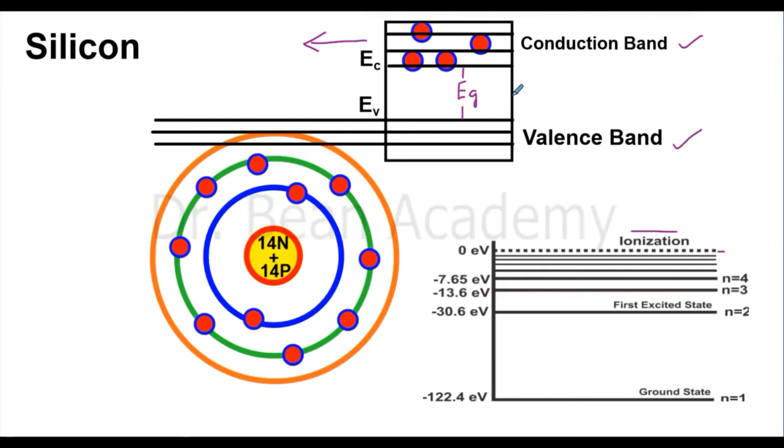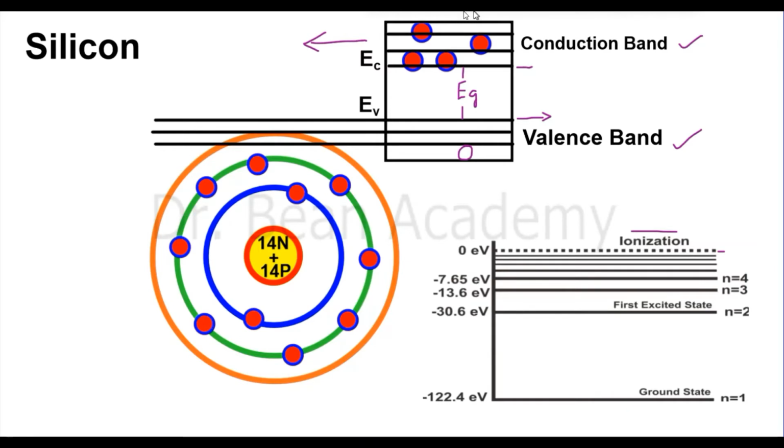And this is band gap energy, and all we care about is the lowest limit of the conduction band and upper limit of the valence band. Of course, if an electron is here, I only concern myself about the energy between the upper limit of the valence band and the lower limit of the conduction band.